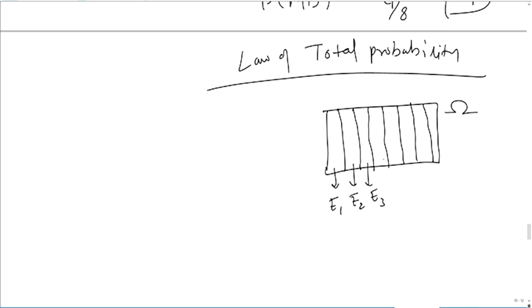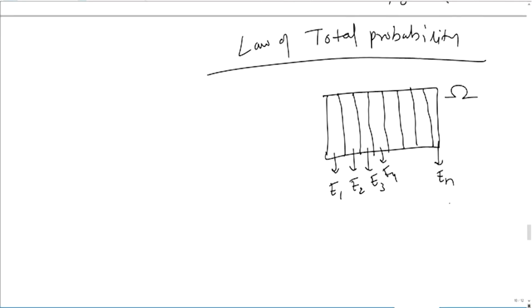Basically I've segmented this rectangle into multiple rectangles, multiple strips. E4, let's say En. These are multiple events, but such that the intersection of all these events is an empty set. So all these events are mutually exclusive. E1 to En are mutually exclusive, so they do not contain any common element.